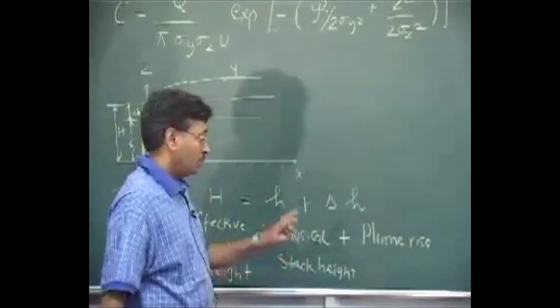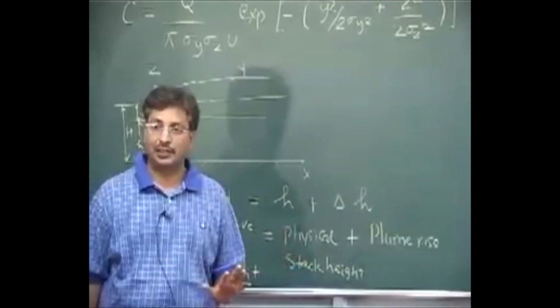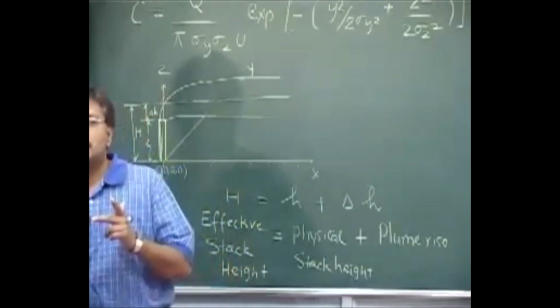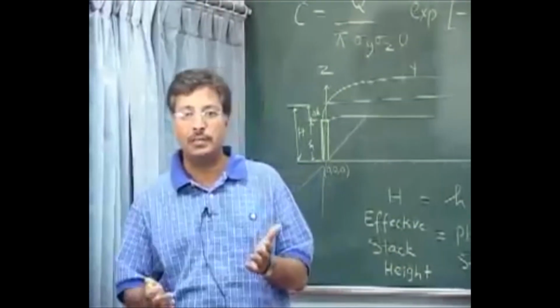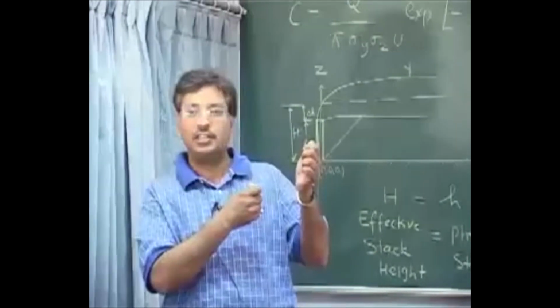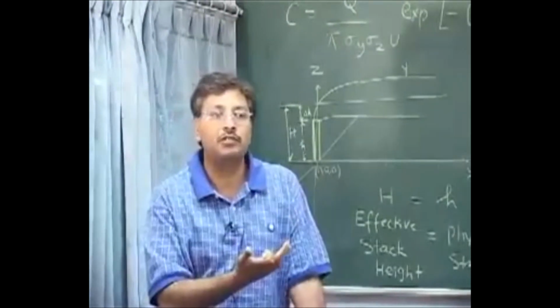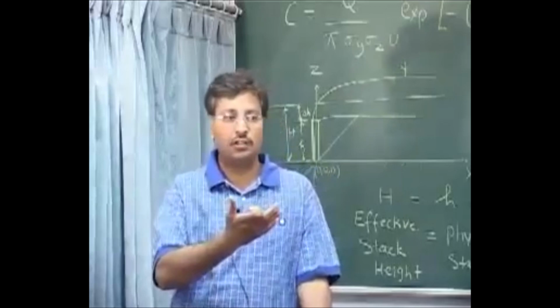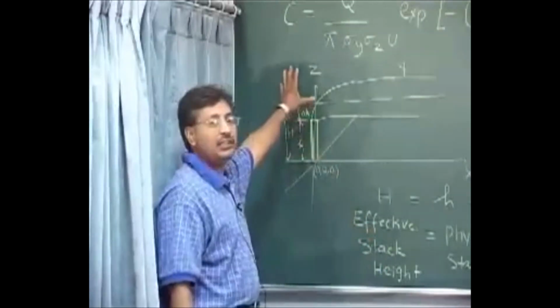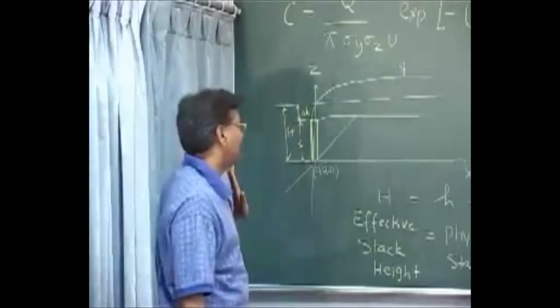We'll talk about plume rise a little later. But the plume rise will have two components. One is a momentum plume rise, like a jet action, and another is the thermal buoyancy, because the gases that come out are at a higher temperature, but that we'll discuss later.